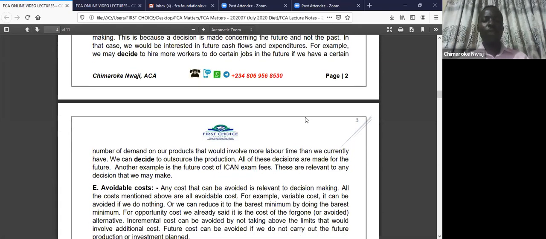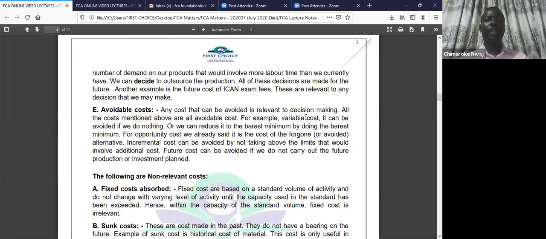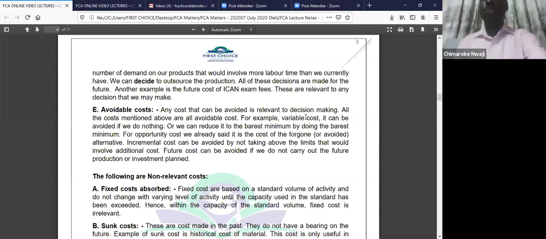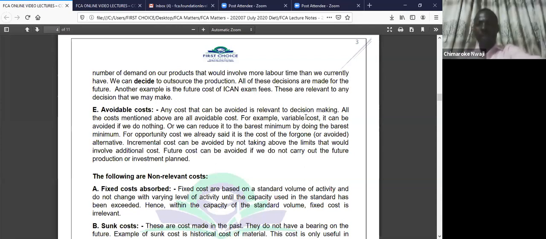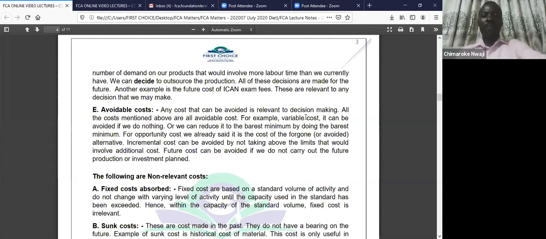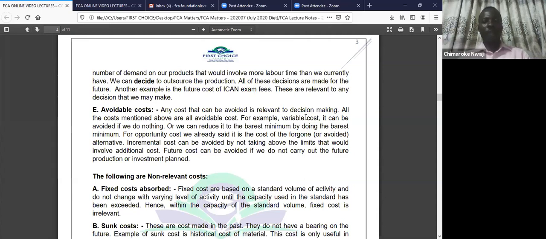Then the next one we are going to talk about is avoidable costs. What are avoidable costs? Avoidable costs are those costs that you can avoid if you have the opportunity to avoid. So let us look at which costs can be classified as avoidable costs. We see that variable costs can be avoided.